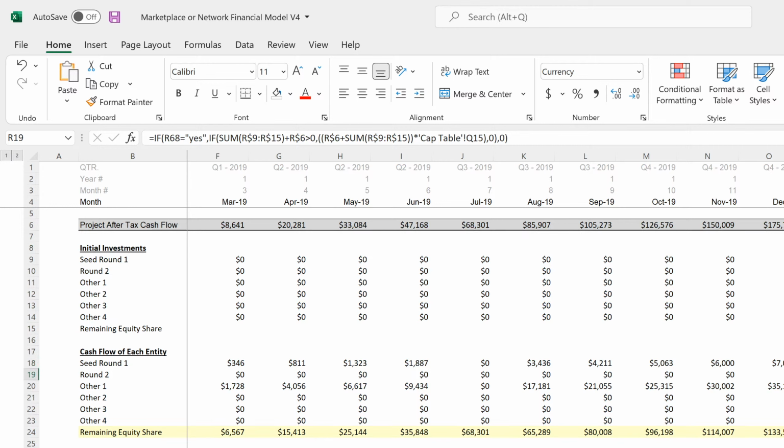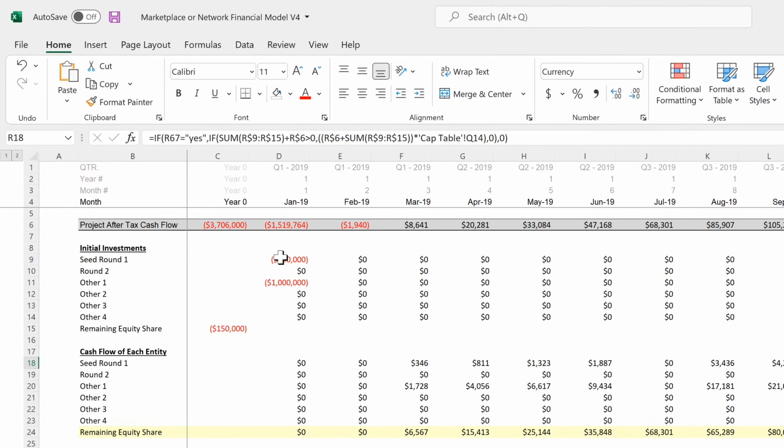Now, the question is, do we want that to actually work like that or not? Let's see, if sum of R9 to R15. So I know what I was trying to do, which was say if it's a month where it's a negative, well, do we really care if it's an investment month or not?